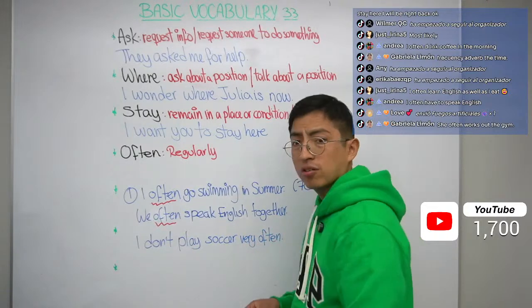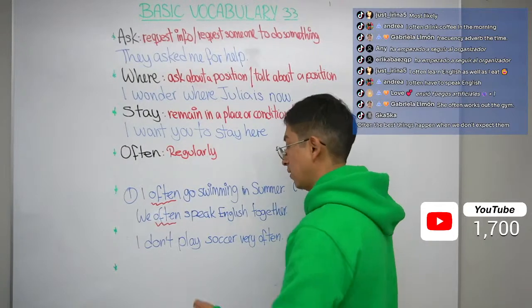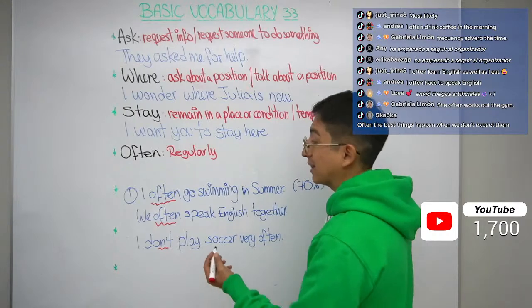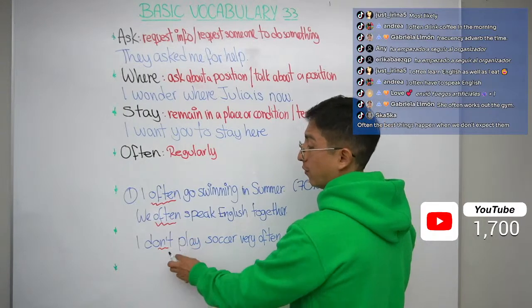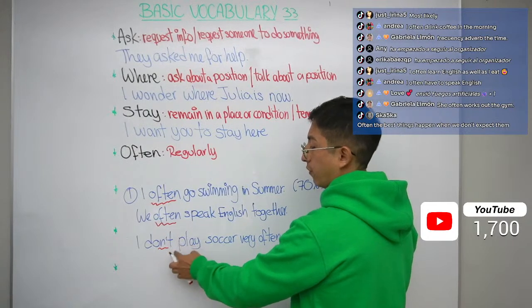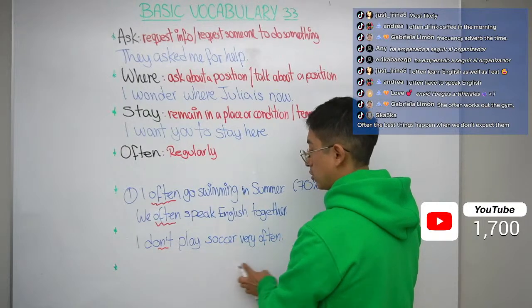Or I don't play soccer often. So we can use this in a negative way too. But the position now is different. We don't put often here. I don't often play soccer. No. Often now changes its position.